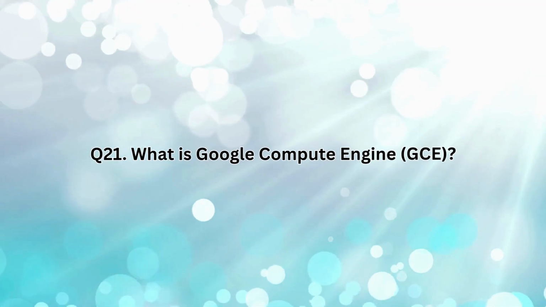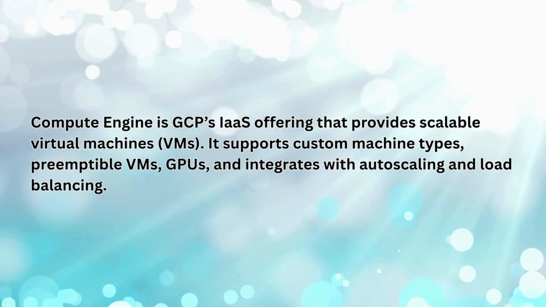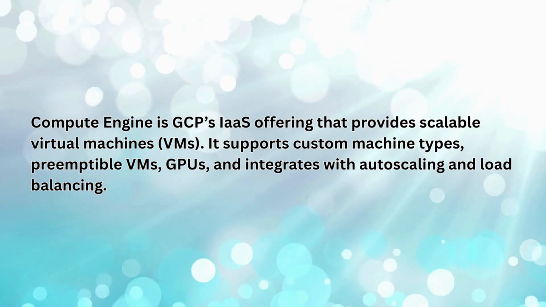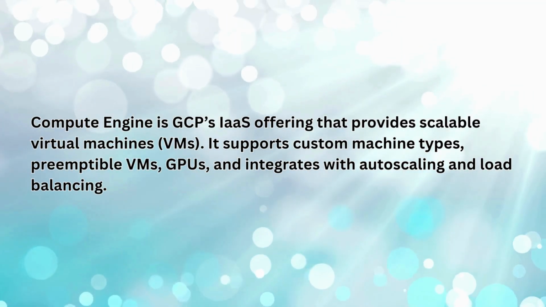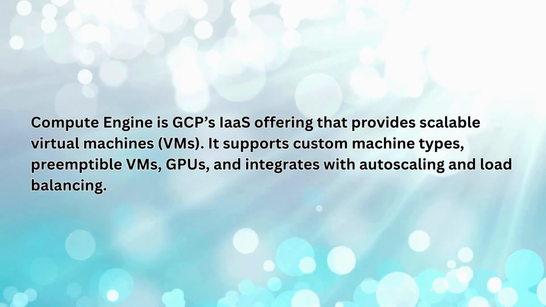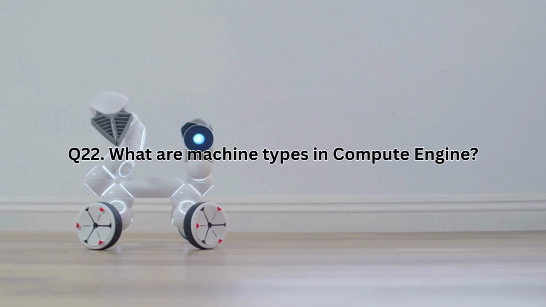What is Google Compute Engine, GCE? Compute Engine is GCP's IaaS offering that provides scalable virtual machines, VMs. It supports custom machine types, preemptible VMs, GPUs, and integrates with autoscaling and load balancing. What are machine types in Compute Engine?